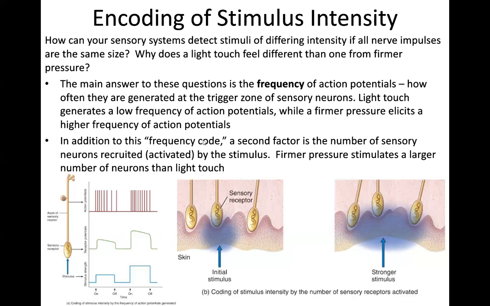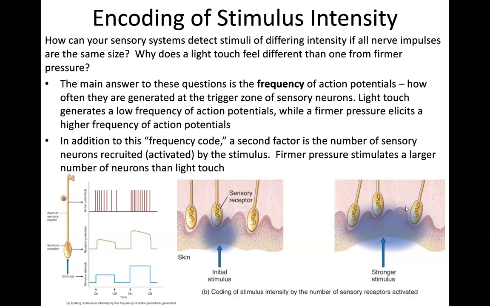In addition to this frequency code, a second factor is the number of sensory neurons that become activated or recruited by that stimulus. In this case, this would be like just lightly pushing in on the skin, affecting just this purple shaded area of the skin, which means that really only this neuron becomes activated. Whereas if you really push in on the skin, now that whole area of the skin is activated, where all three neurons become activated.